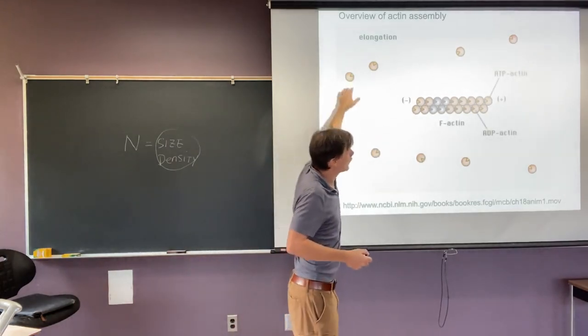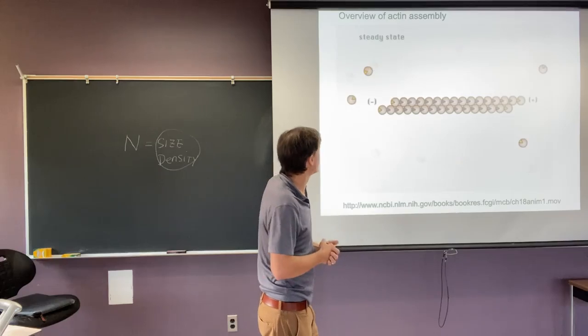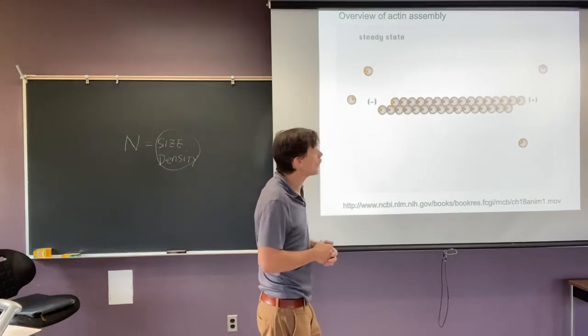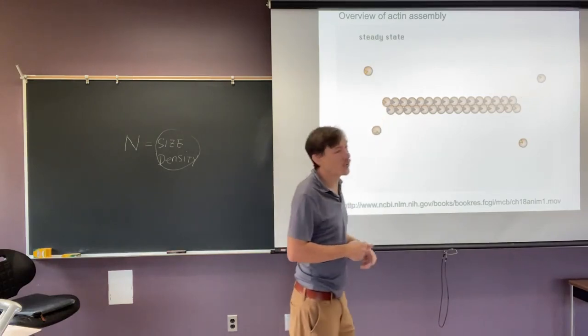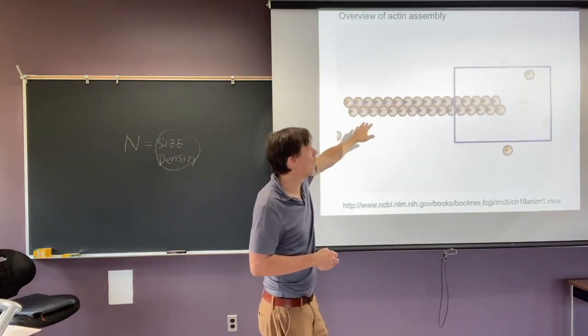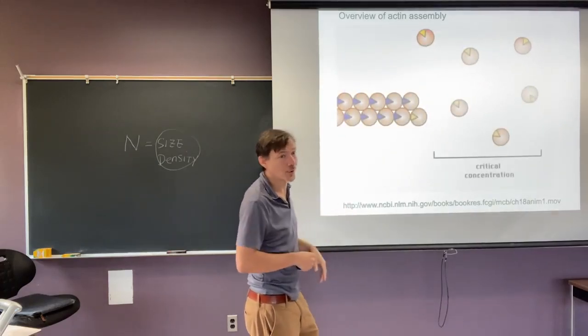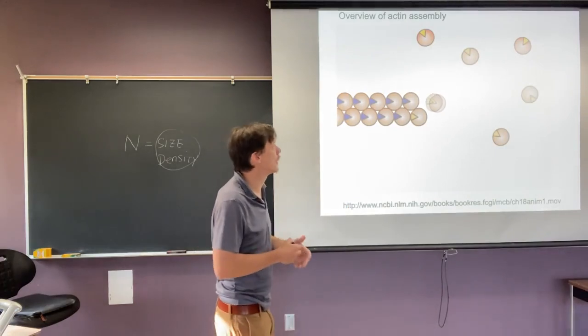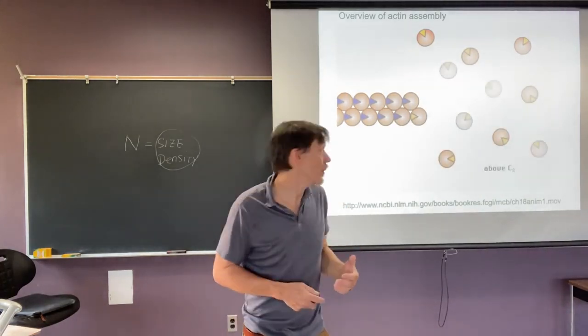As that's happening, the concentration of G-actin is dropping. At steady state, where the critical concentration has been reached, there can be assembly on both the plus and the minus ends. One of the shortcomings of this movie is that it doesn't show the treadmilling, but it does capture a lot of ideas about actin filaments.